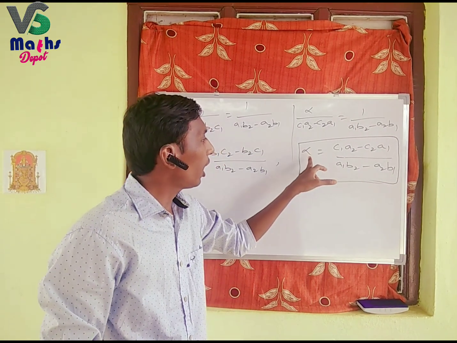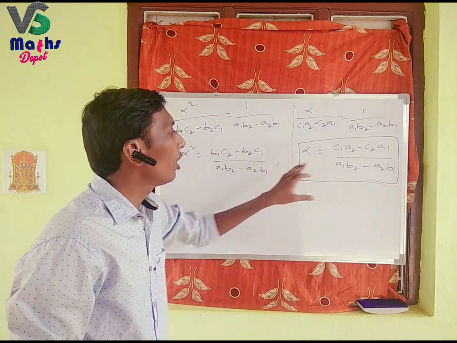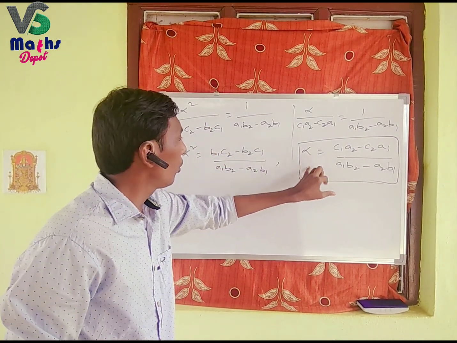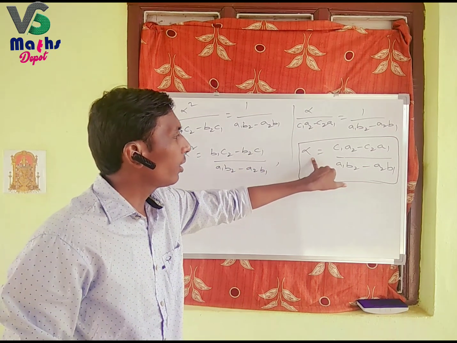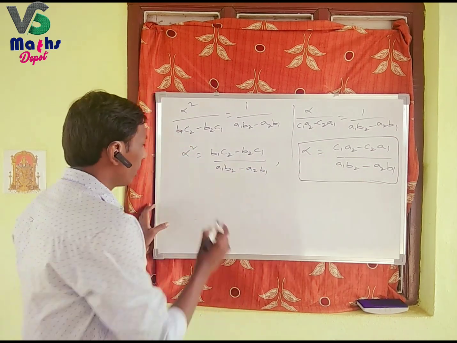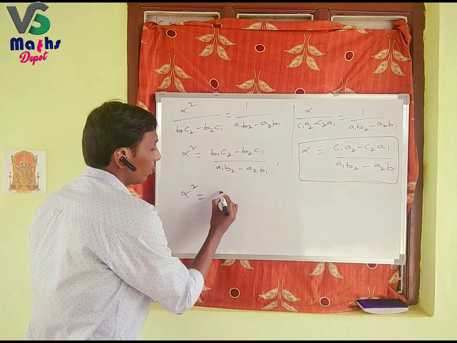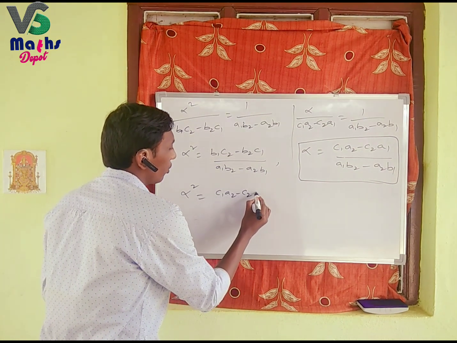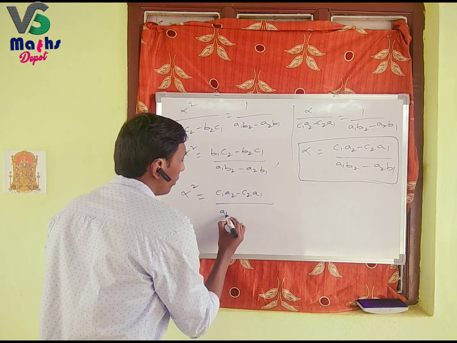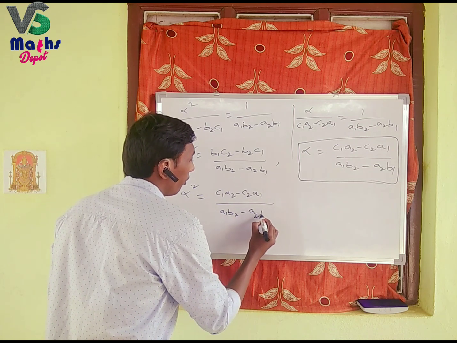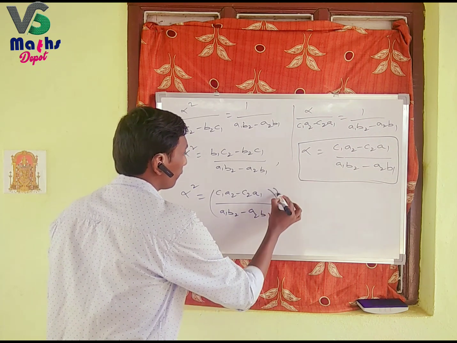We are getting alpha here and alpha square here. So if you square this one, we get alpha square is equal to (c1 a2 minus c2 a1 by a1 b2 minus a2 b1) whole square.